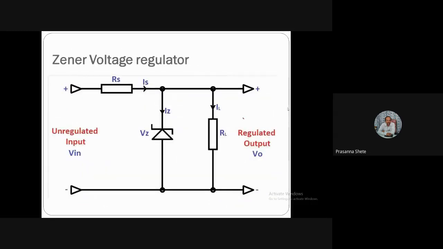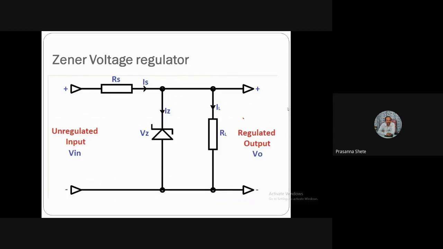Now, we are not going to go much in detail about the discrete voltage regulators because it is not in our syllabus. But in this Zener voltage regulator, we know that Zener is a special diode used in the reverse bias condition, and the application of the Zener diode is as a voltage regulator. So the Zener is connected as a regulator element which is in parallel with the load.